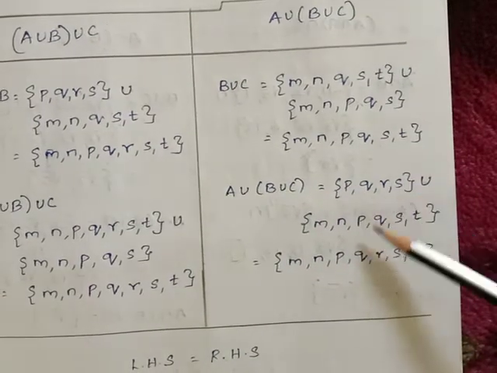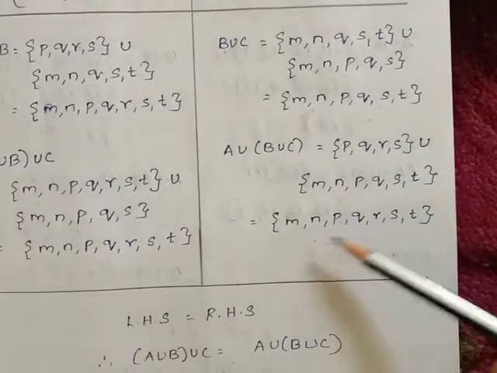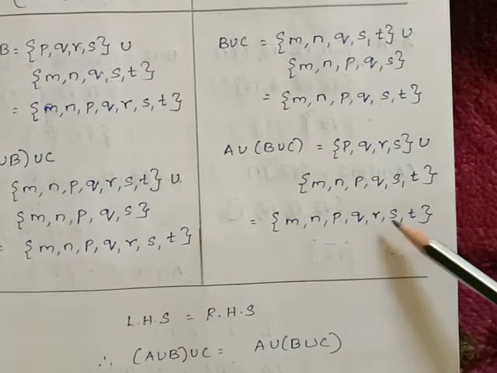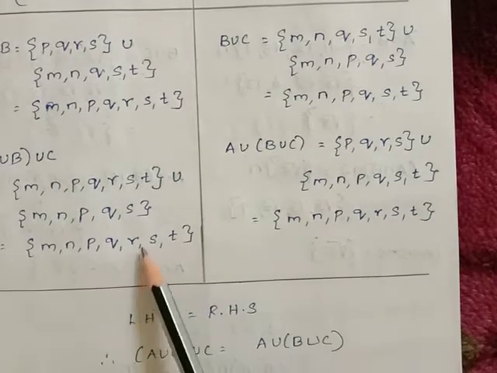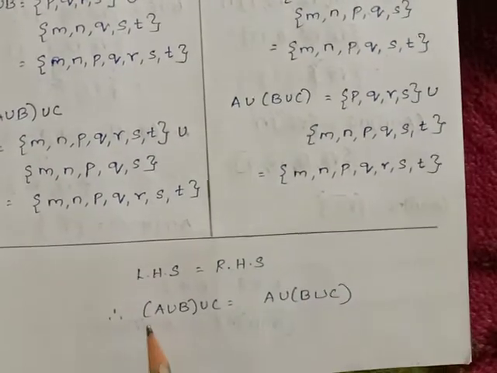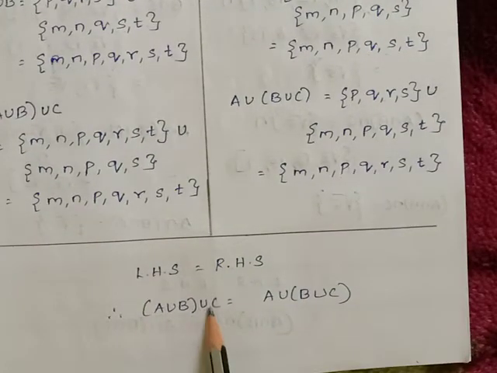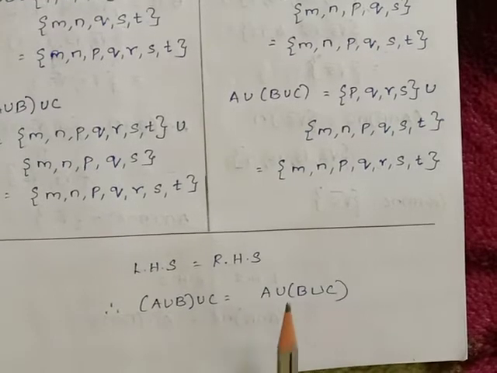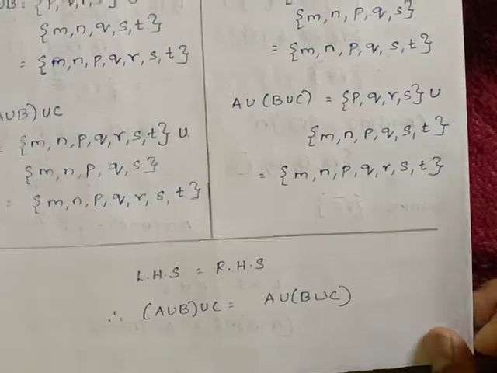Therefore, we compare both and write all the elements: M, N, P, Q, R, S, T. When you compare the left hand side and right hand side, both are equal. Therefore, (A union B) union C is equal to A union (B union C). That is, the associative property of union of sets is satisfied.